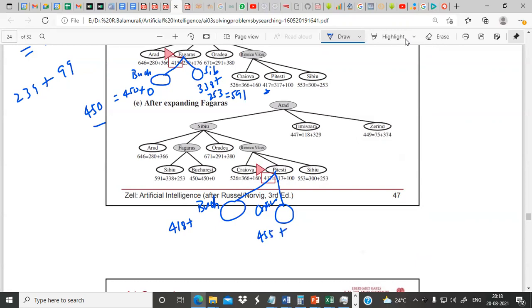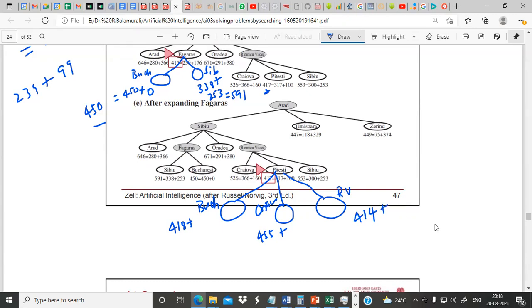Similarly from Pitesti, you can also reach Rimnicu Vilcea. The cost from Pitesti to Rimnicu Vilcea is 97, and the cost up to Pitesti is 317. So 317 plus 97 is 414, plus the heuristic cost.